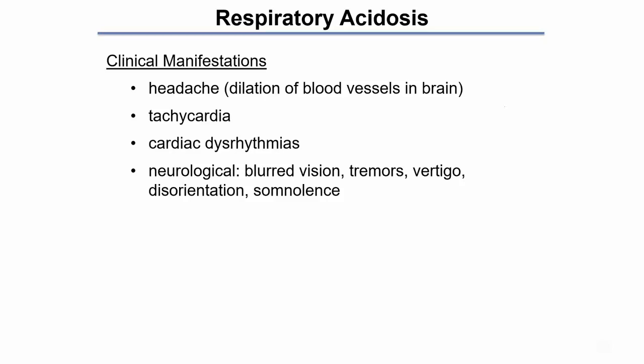But the main clinical manifestations are neurological, due to an increase in blood flow to the brain, which in turn can lead to increased intracranial pressure. That can lead to all these neurological manifestations that we saw: headaches, blurred vision, tremors, vertigo, somnolence, etc. Okay, so that's respiratory acidosis. It's all due to vasodilation of the cranial blood vessels, neurological in nature.